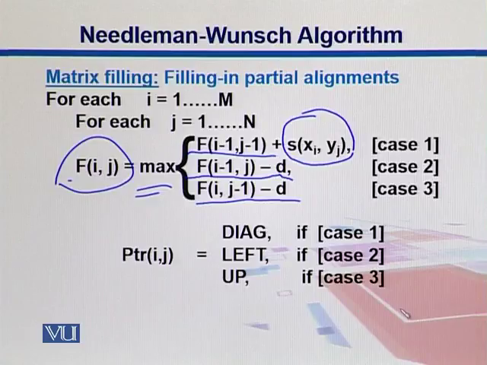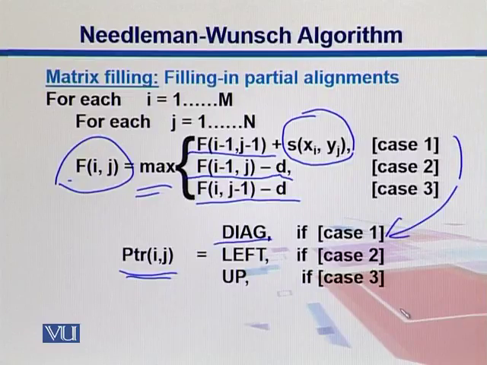And then, for the traceback, we keep some pointers that track where the score of the current cell is coming from: diagonal if it is case 1, left if it is case 2, and up if it is case 3. That will help us in traceback.